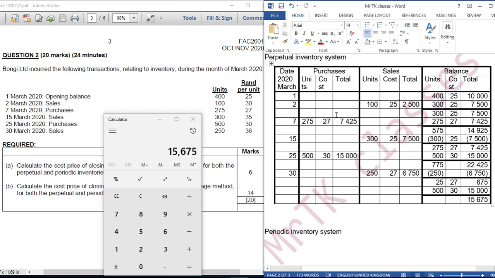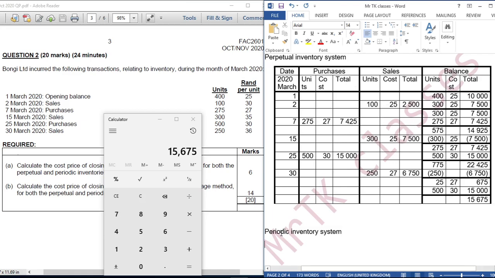Okay. Now we want to value the same inventory using a periodic inventory system. In a periodic inventory system, we are only going to value our inventory at the end of March. We are not going to value it after each and every sale.